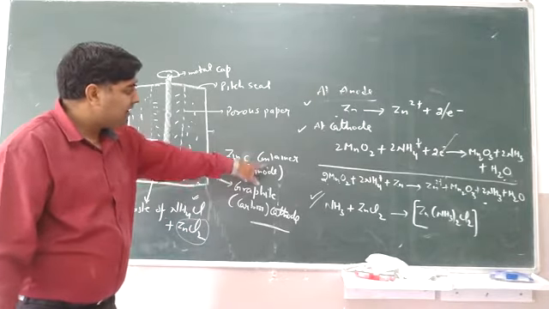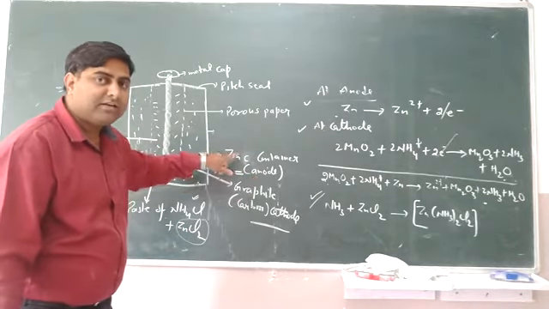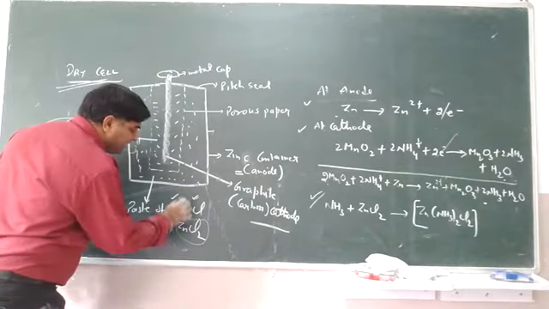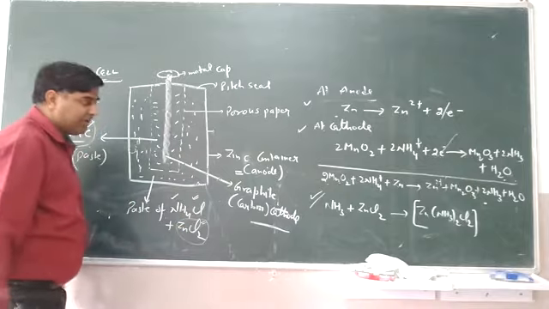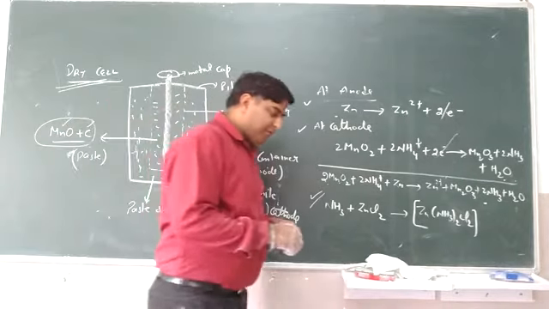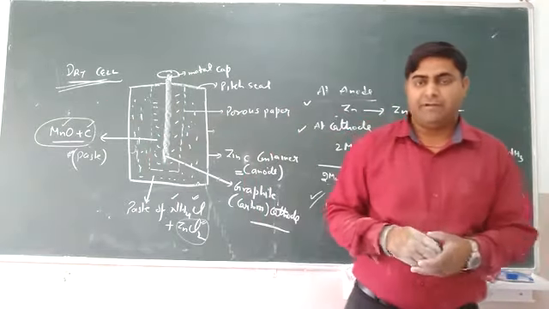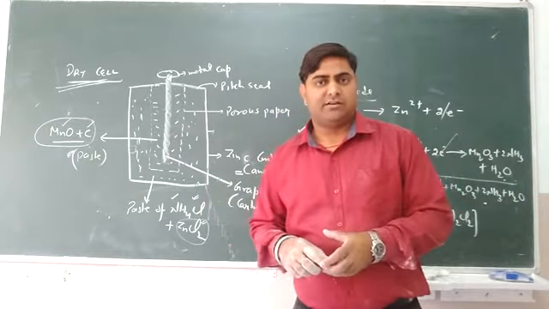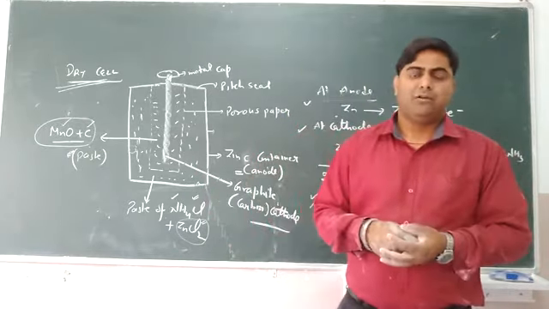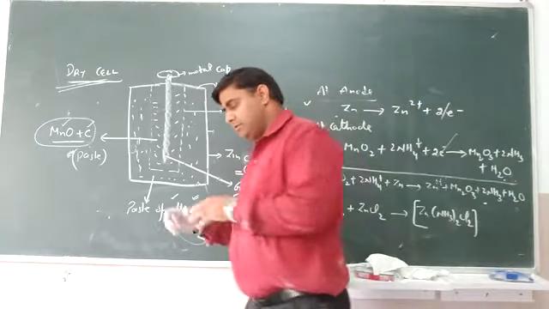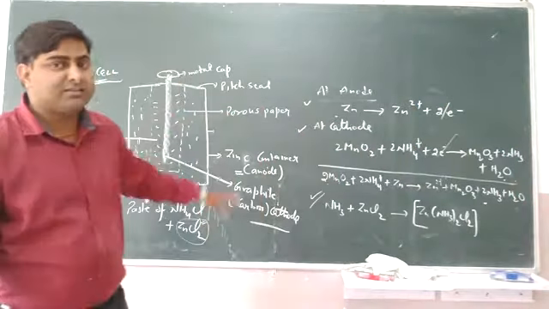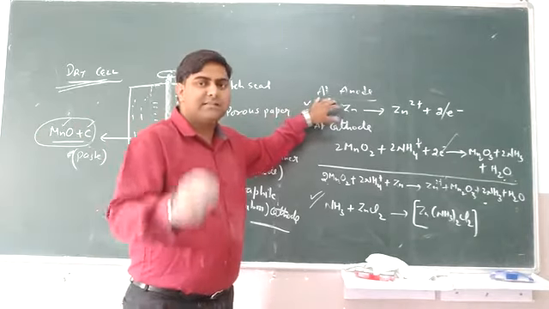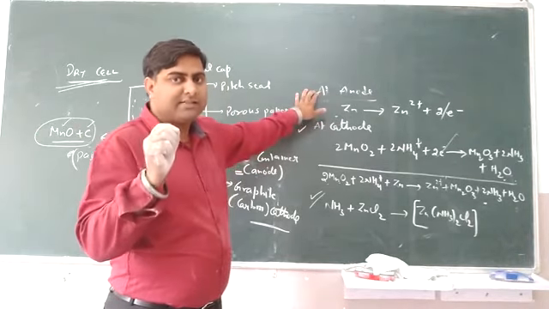The zinc container acts as anode, and it contains a paste of ammonium chloride and zinc chloride. Now, when we use this cell, we connect external wires to the load.